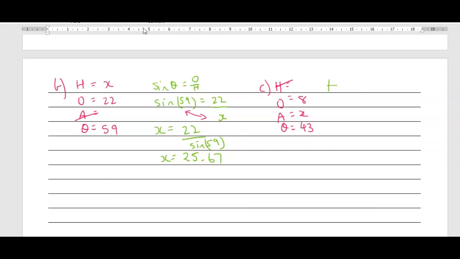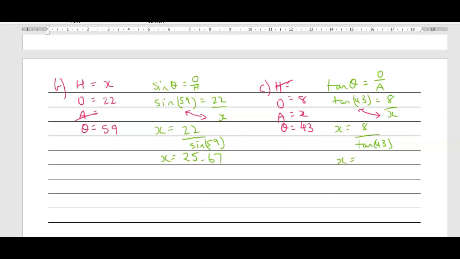So my ratio is the tan ratio. So tan theta equals opposite over adjacent. Tan 43. Opposite is 8. Adjacent is x. So we just switch these over. So I get x equals 8 over tan 43.